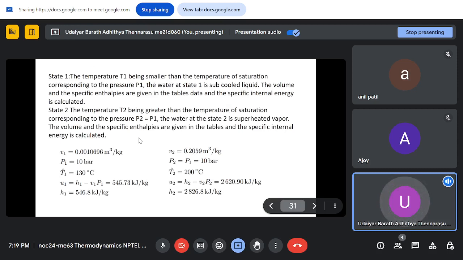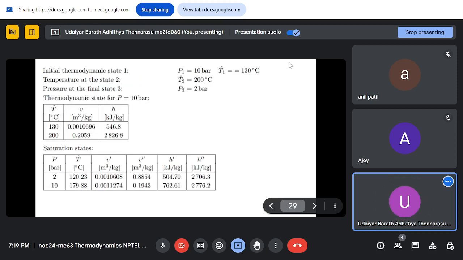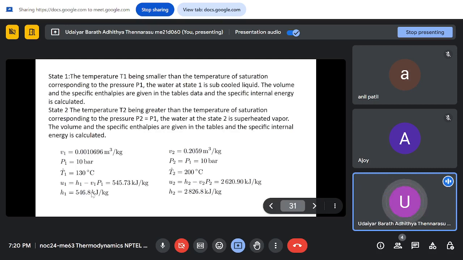So initially we will find out the specific volumes and pressure. The initial temperature T1 is 130 degrees Celsius for 10 bar. If you see, it is less than your saturation temperature, which is 179.88. So this is a subcooled liquid, so it is fully liquid.